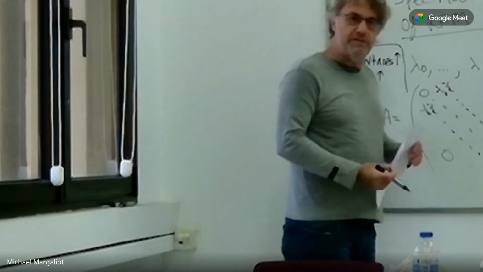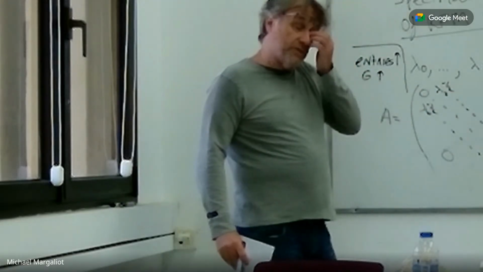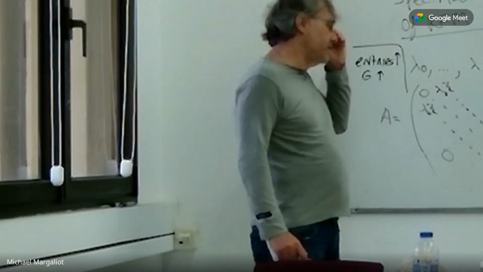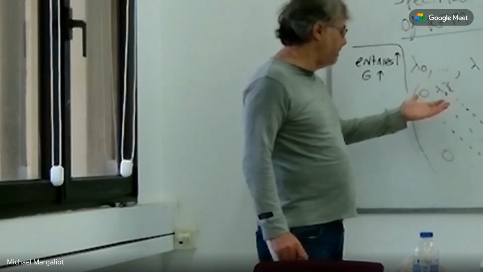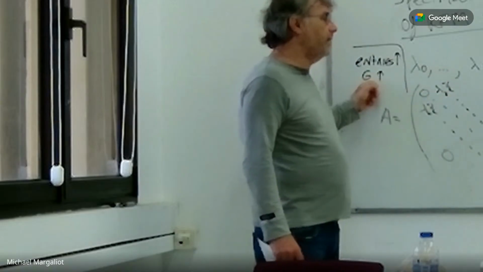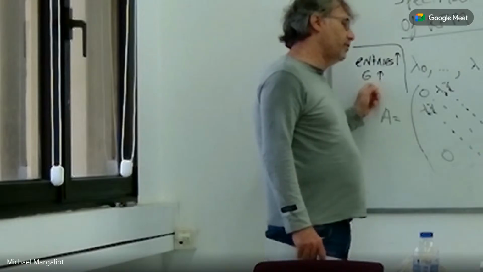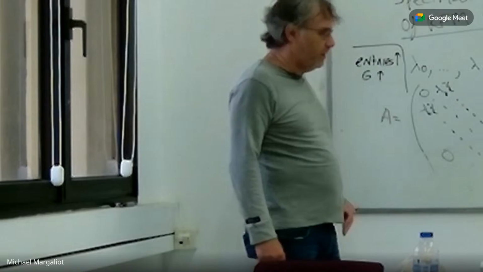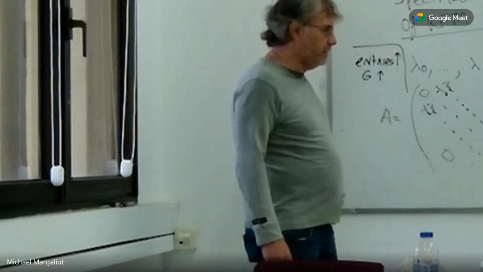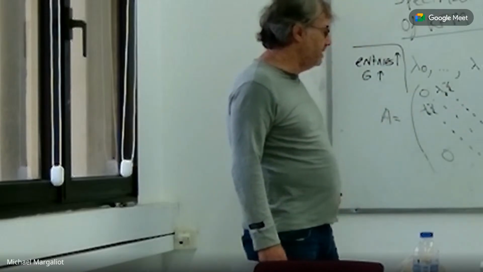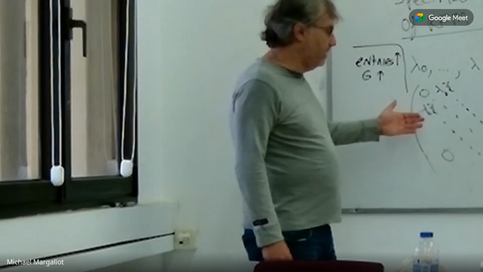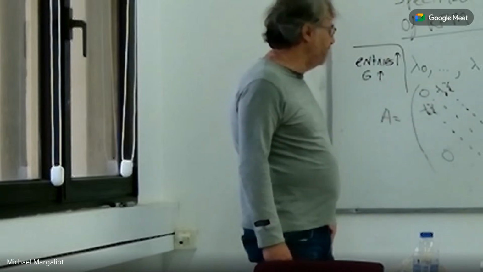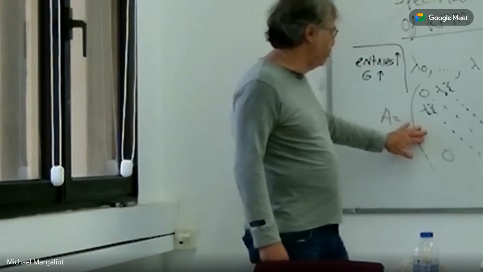I think intuitively this is clear. We will write equations soon, but I think it is obvious that if we increase the entries, the Perron eigenvalue, which is the maximal, most dominant eigenvalue, can only increase. We will soon see this from the equations, but now I'm just looking for intuition.